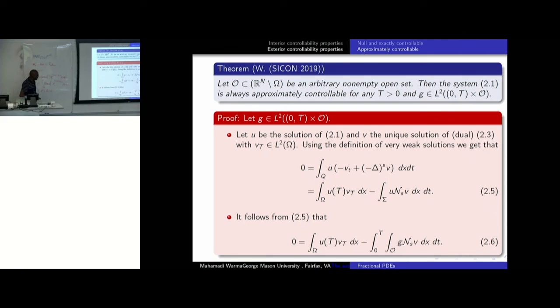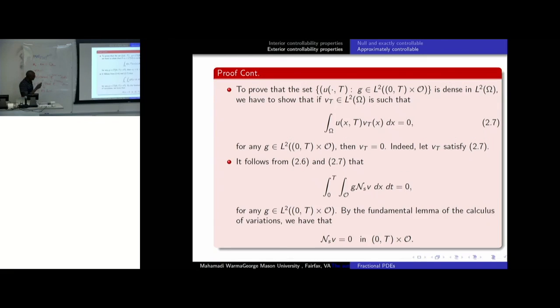Then we have that 0 is equal to that, because that one is 0. To prove that this set is 0, you just have to use the Hahn-Banach theorem: if this integral is 0 for any g, then V_t must be 0.